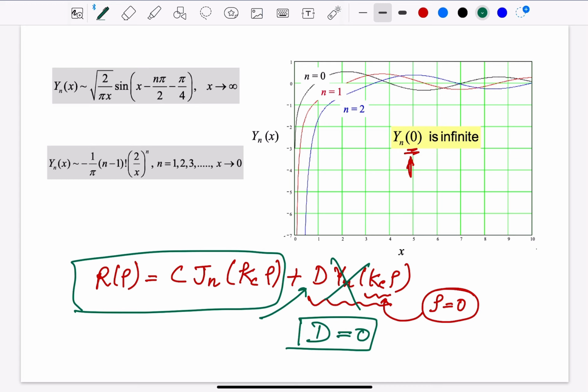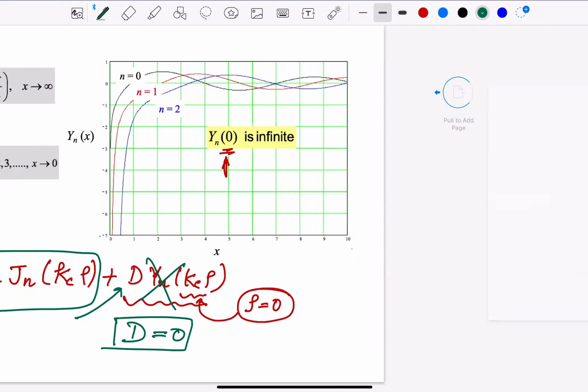Now we wrote the solution for P, and now we have the solution for R. Let us multiply to get the Hz. The Hz will be a function of rho and phi. You are multiplying R of rho and P of phi.